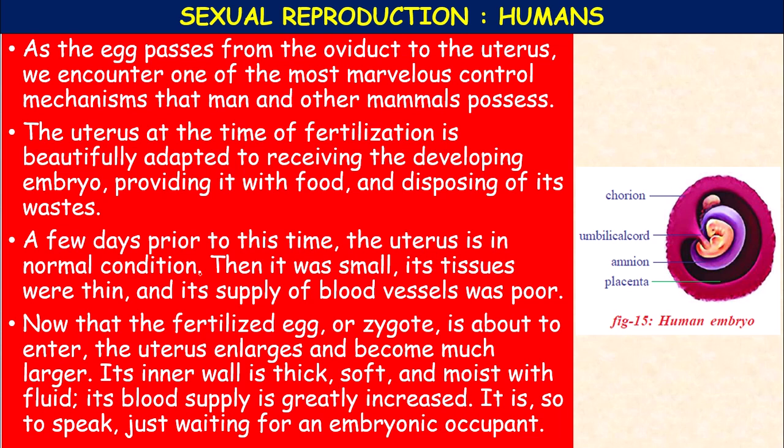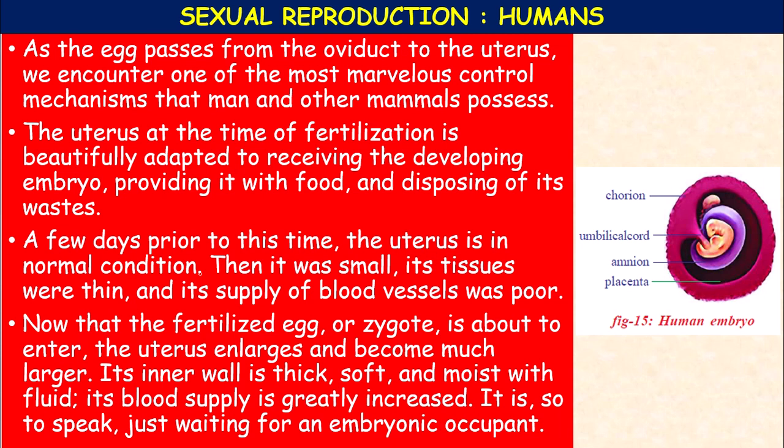The fourth event is the passing of the spermatozoon between the cells, and the penetration of the zona pellucida, which it dissolves.